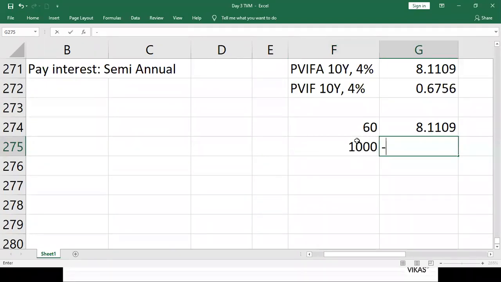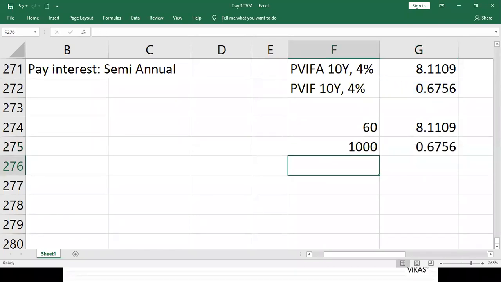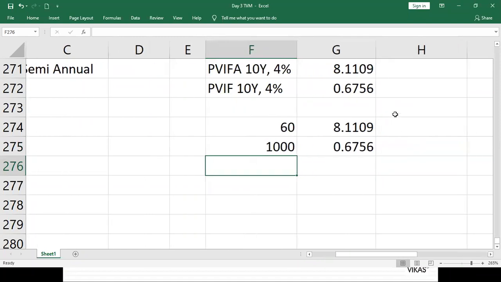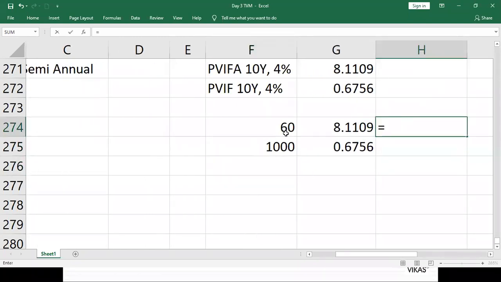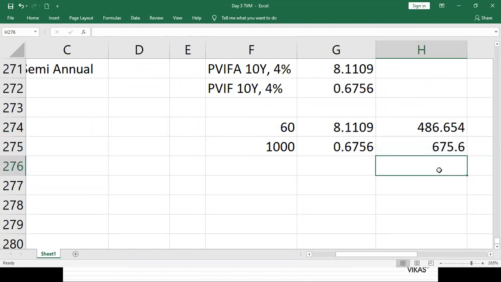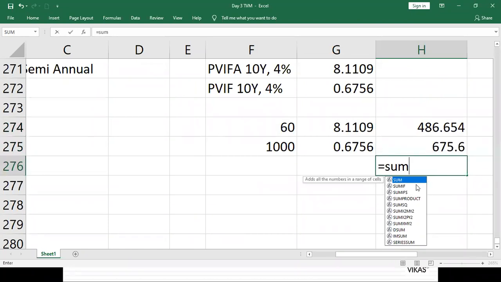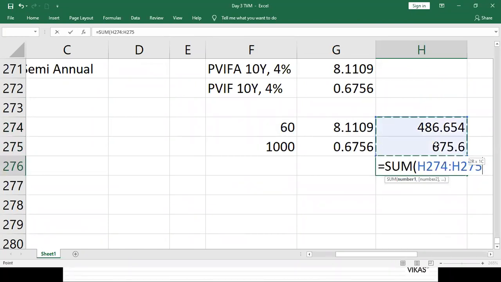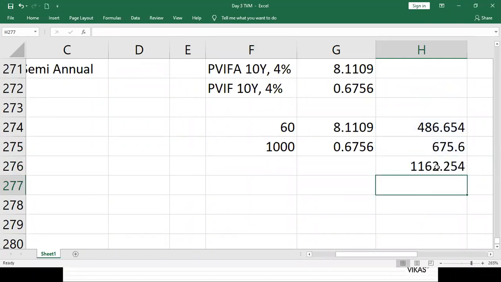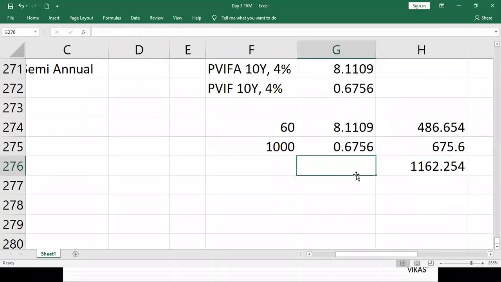And PVIF equals this value. Now we can find the answer. This value into this equals the sum, 1162.